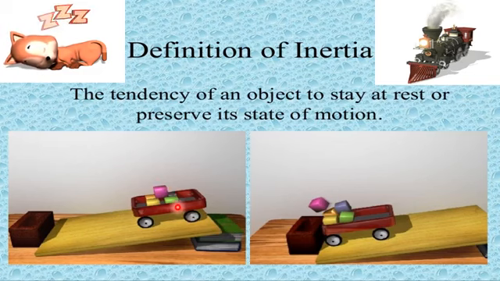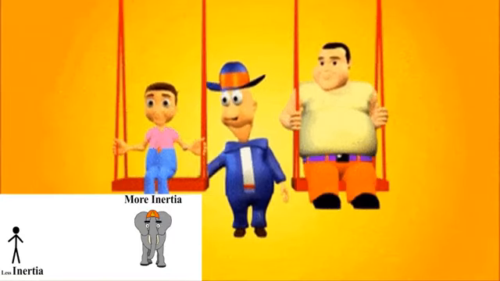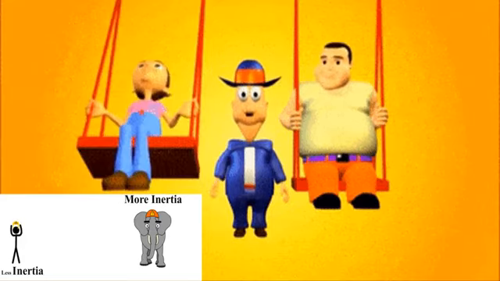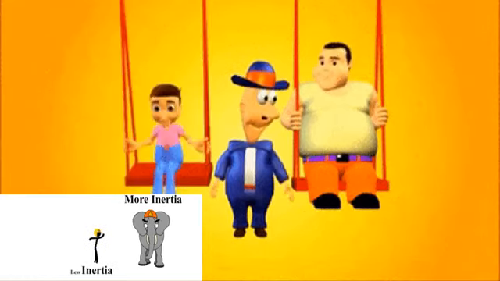The objects are not ready to stop immediately because of inertia of motion, because they have a tendency to preserve their state of motion. So the tendency of an object to stay at rest or preserve its state of motion is called inertia.